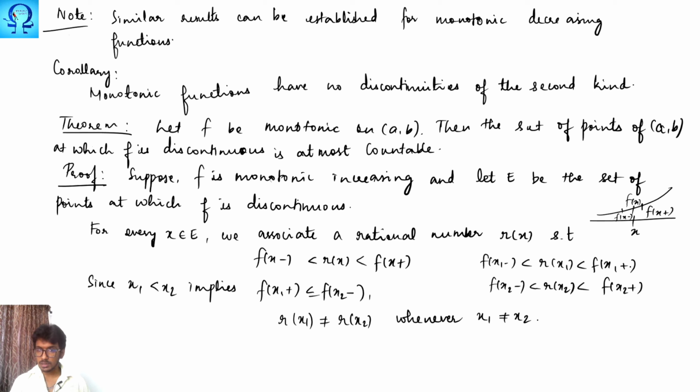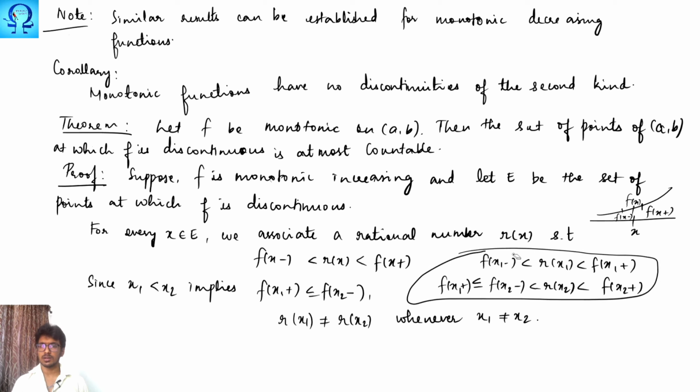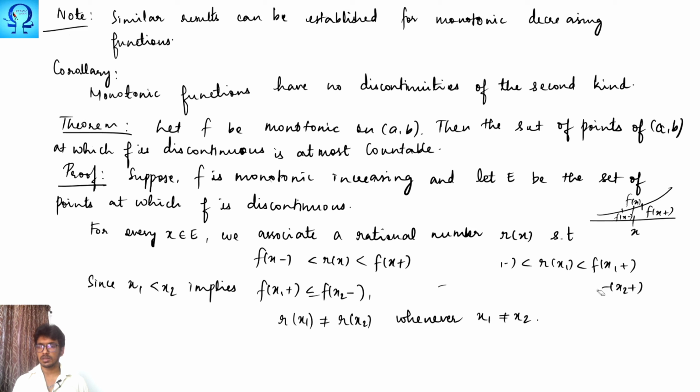From this we get that this quantity is less than or equal to f of x1 plus. Here we are able to see very well that r of x1 is not going to be equal to r of x2.